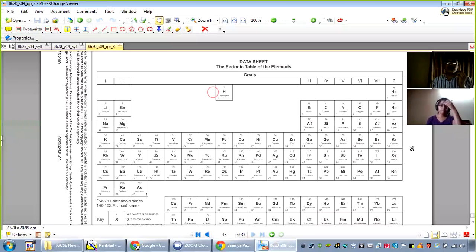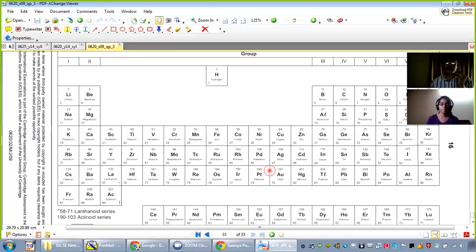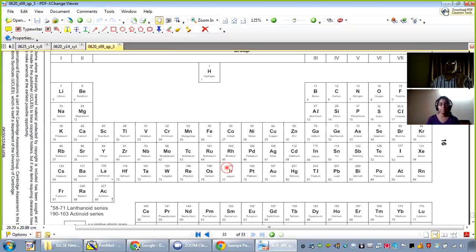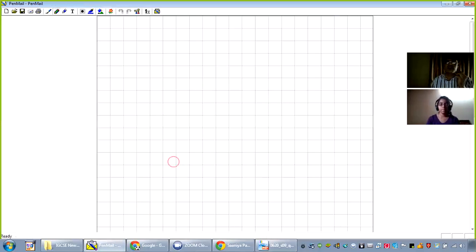You can see here the first element is placed here in the middle. The first element over here is H, that is hydrogen. This is going to have one proton. There are no neutrons in the nucleus, and because there is one proton, there is only one electron.